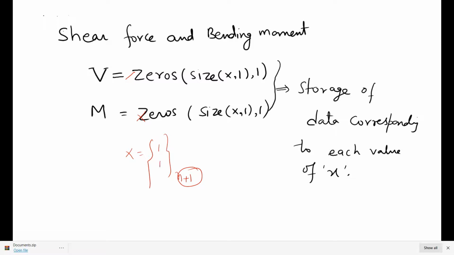So here the size of v would be the same as the size of x. So here we will just initialize zeros of size of x comma 1 comma 1 for the values, and for the bending moment also, because shear force and bending moment would be plotted against the corresponding value of x. So we store data corresponding to each value of x, and we initialize this part.